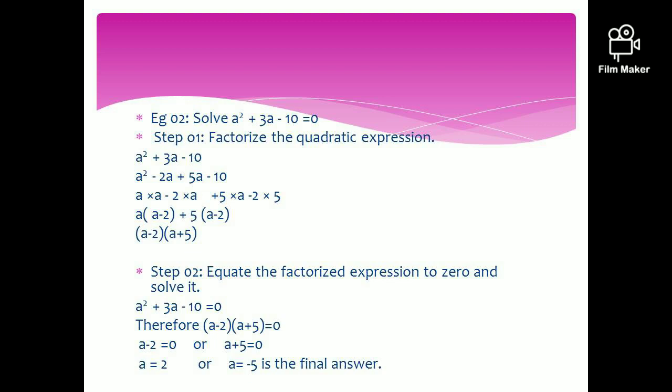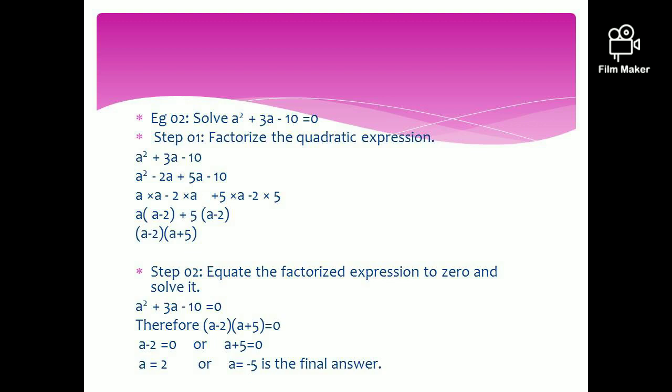From the first two terms, a is common, so if you take a out, it turns into a minus 2. From the last two terms, 5 is common, and if you take 5 out, it turns into a minus 2 again. Now you can see that a minus 2 is common.